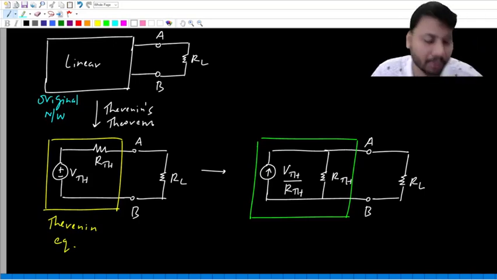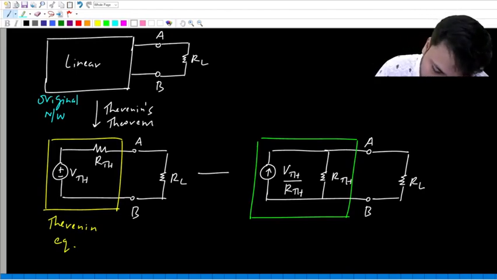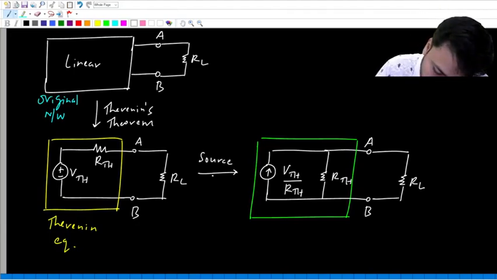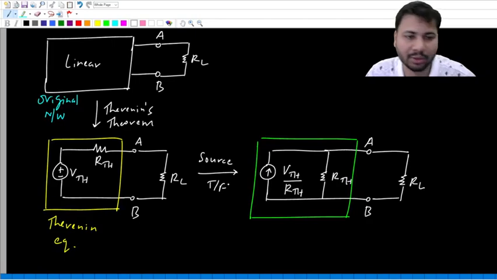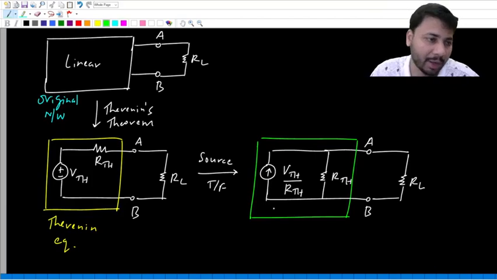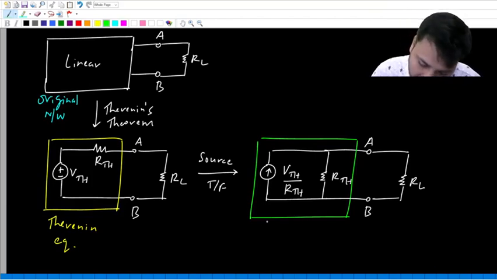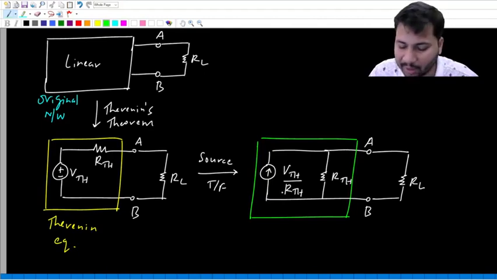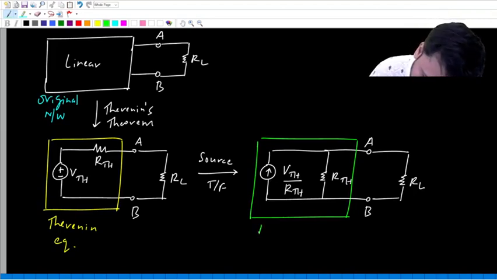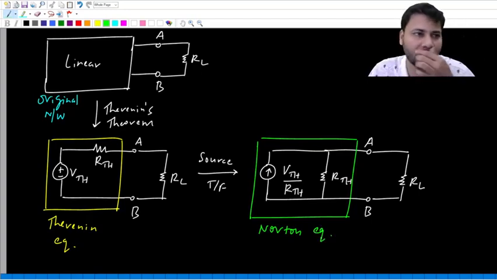So first I used Thevenin's theorem, and then to go from the yellow color box to the green color box, I resorted to source transformation. This green color box is also some type of equivalent of the original network, and it contains a current source in parallel with a resistance. The yellow color box is a voltage source in series with some resistance. This is a current source in parallel with a resistance. This is called the Norton equivalent of the original network.